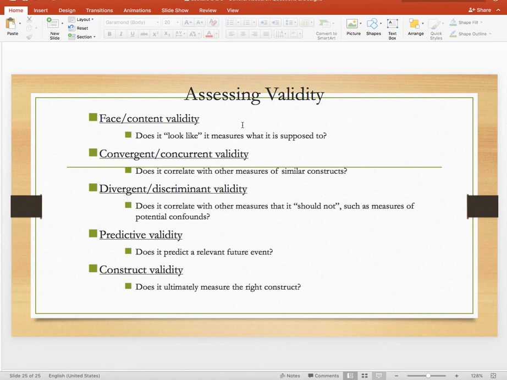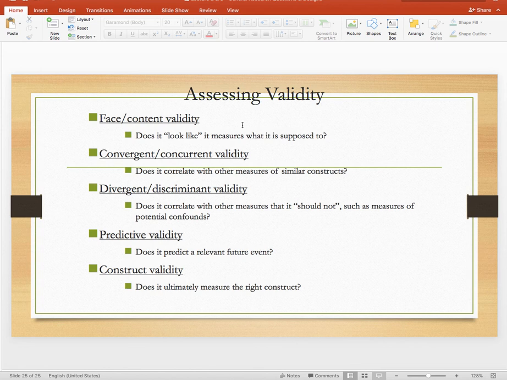I'm going to give both to the same participants, so all my participants get both surveys, the new one and the one that's already valid. Now I want to see if the scores from my new one are related to the scores from the one that's already been validated. If my scores relate to each other, I'm going to be happy because it means that probably mine is valid as well. Everyone with me?